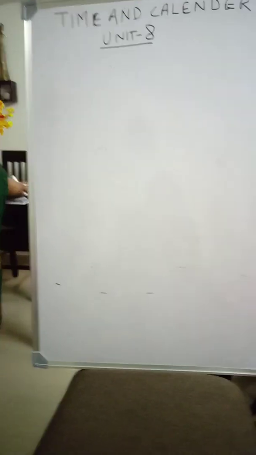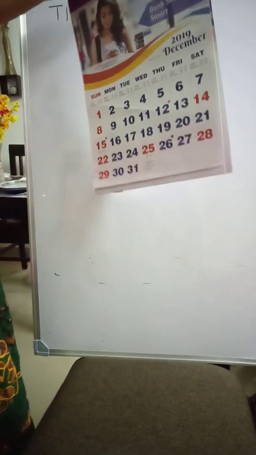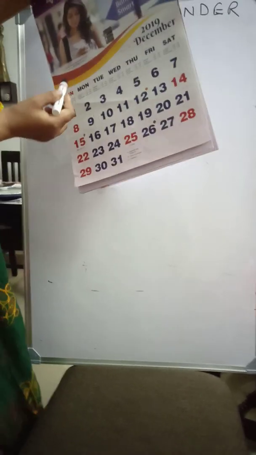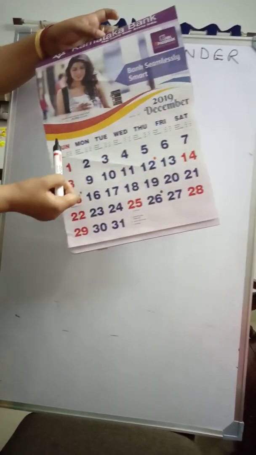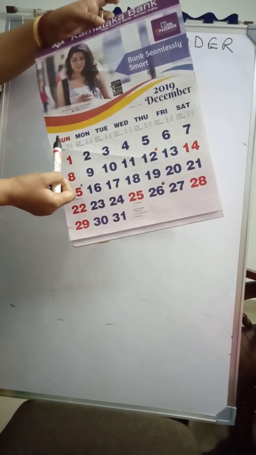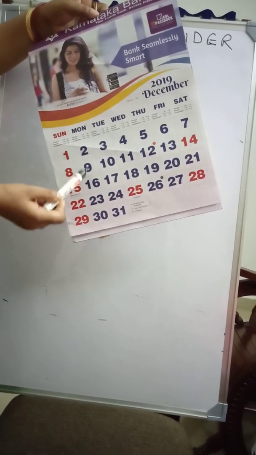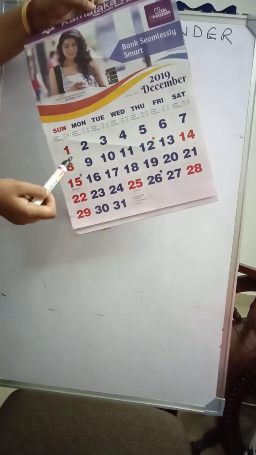Now the next thing, children: what is this? This is a calendar. On the calendar, the dates and months are mentioned. What things are mentioned in a calendar? The name of the year, the name of the month, the names of the days of the week and the dates.